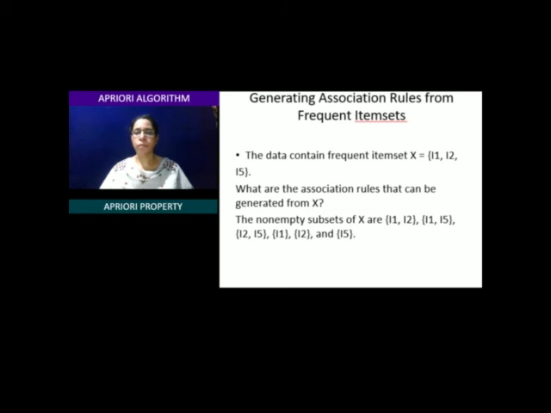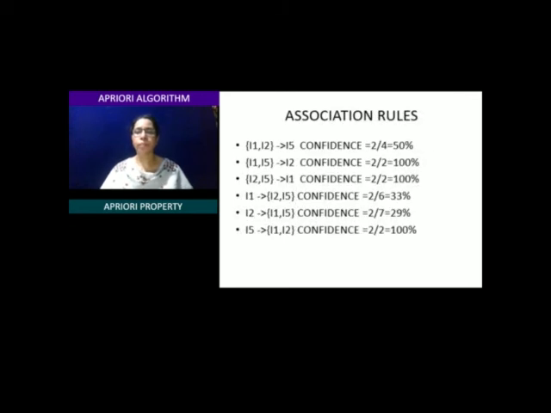So we can form rules like this: I1, I2 gives I5; I1, I5 gives I2; I2, I5 gives I1; I1 gives I2, I5; I2 gives I1, I5; I5 gives I1, I2. For all these rules, we can find the confidence value.